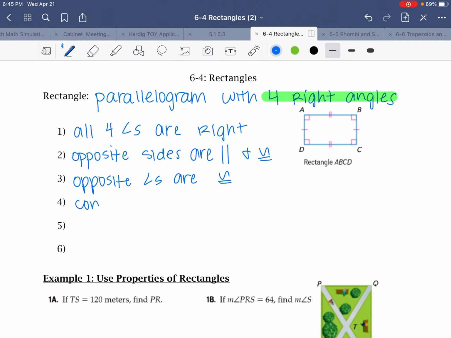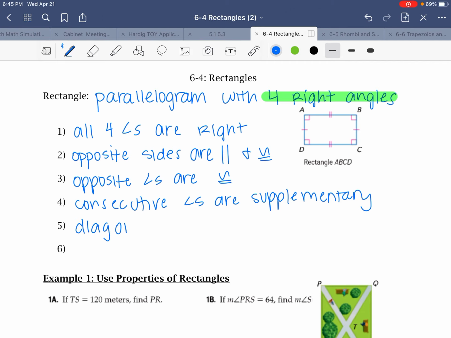Consecutive angles are supplementary. Diagonals bisect each other. And then the diagonals are congruent.